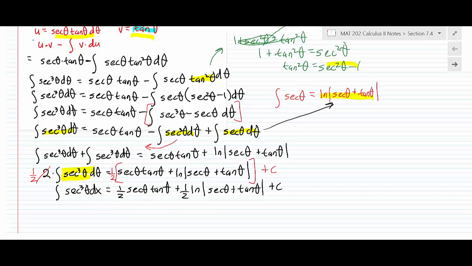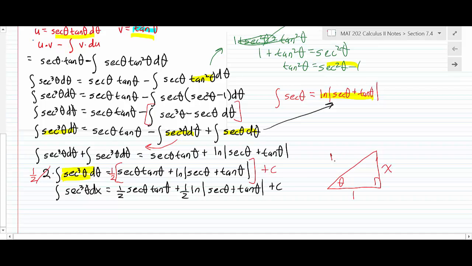I'm going to go through it at the side just so you can see this. The right triangle that we drew on this problem was like this. We had theta, we had x, we had 1, and we had the square root of 1 plus x squared. What you've got to do at the end of the problem is put your answer in terms of x.